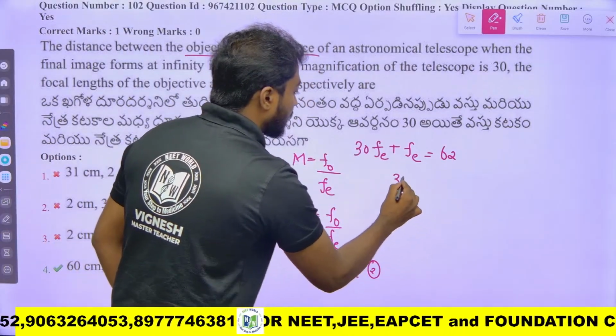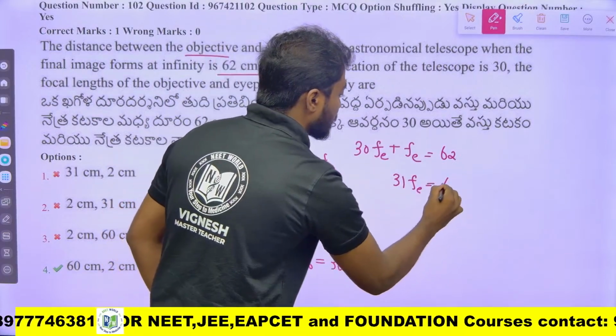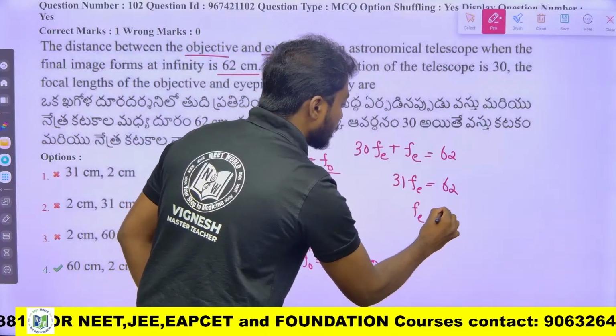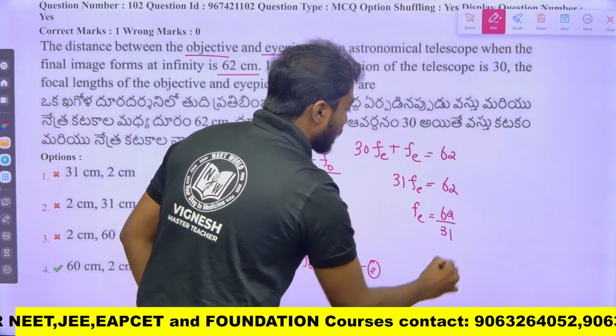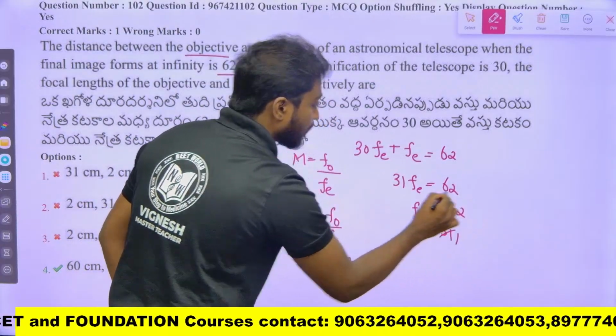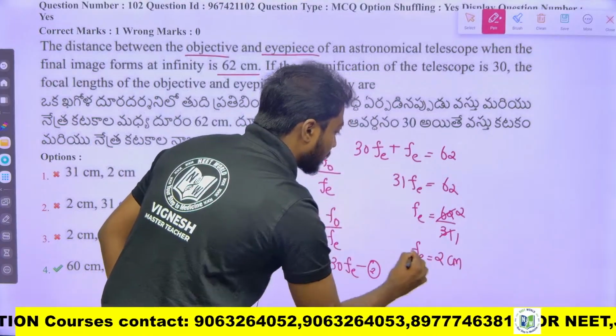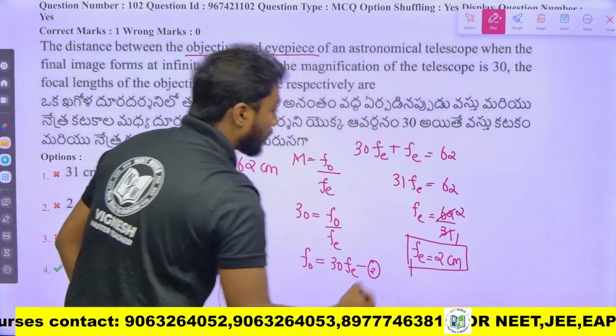So this is 31 times the focal length of eyepiece equals 62, where fe equals 62 divided by 31. Am I correct? Yeah. So fe equals 2 centimeter. I will keep this one in a box.